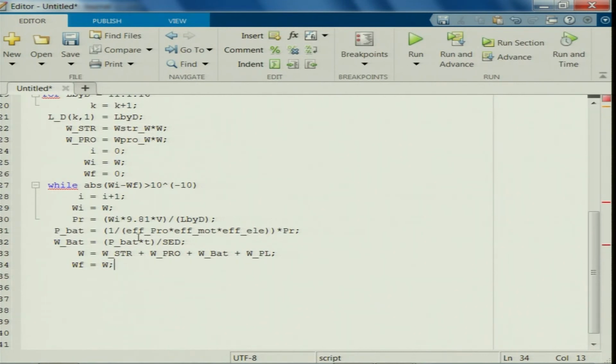That is the final weight. Now, the difference of this initial weight that I have considered and the final weight, let us say if it is very small, if it is 10 power minus 10, let us say, then this loop will break, saying that whatever battery weight you have estimated for this particular endurance is already satisfied for that 4 kg, right. Otherwise, this will keep iterating. This is one convergence approach that we have used.